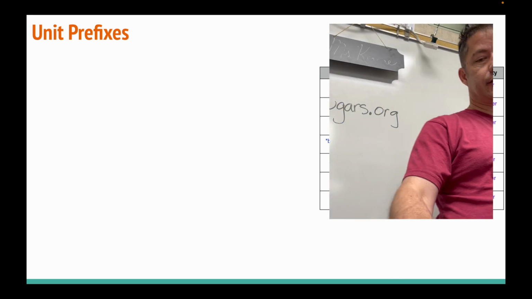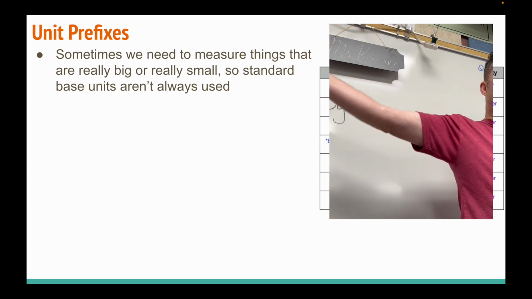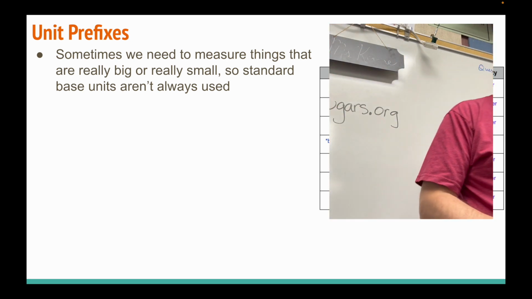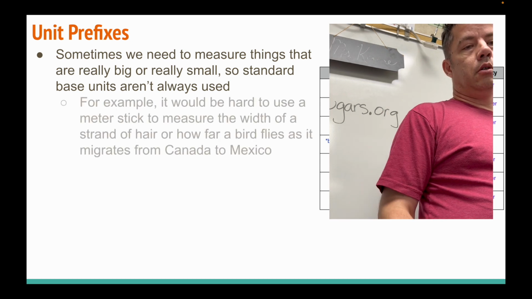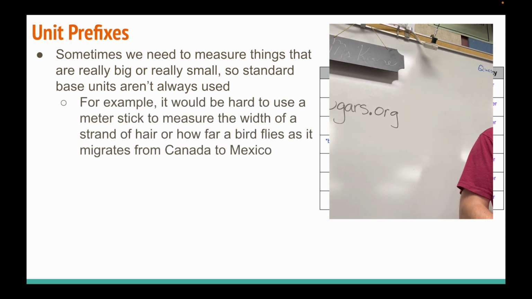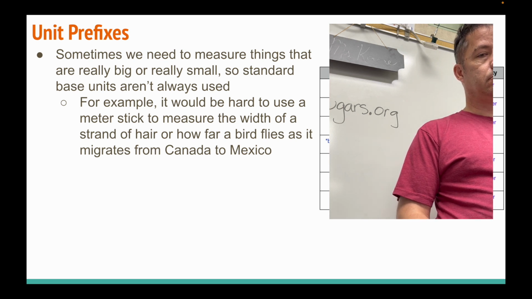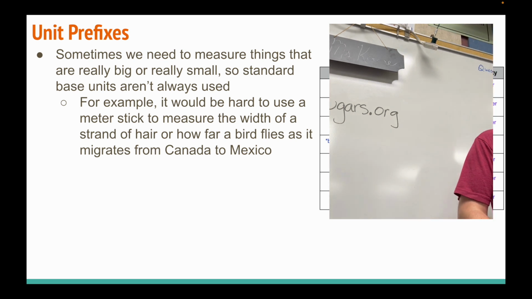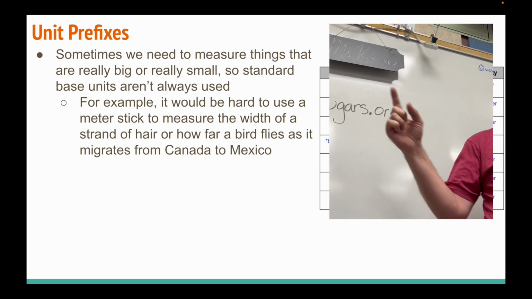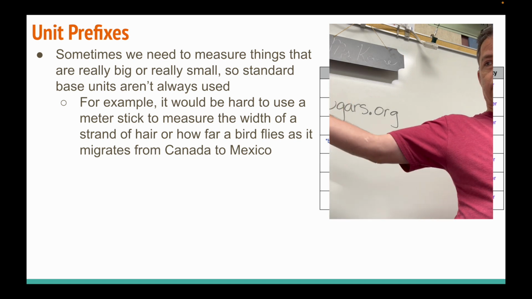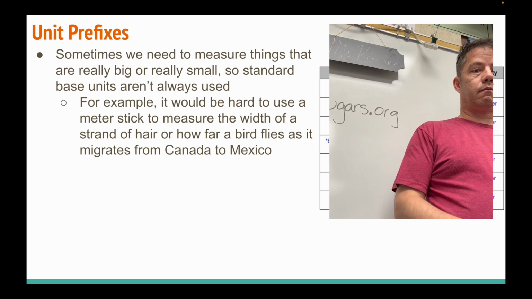So unit prefixes. Sometimes we need to measure things that are really big or really small. So standard base units aren't always used. For example, it would be hard to use a meter stick to measure the width of a strand of hair, or how far a bird flies as it migrates from Canada to Mexico. If we only use the meter stick, which is about that big, human-sized, it'd be difficult.